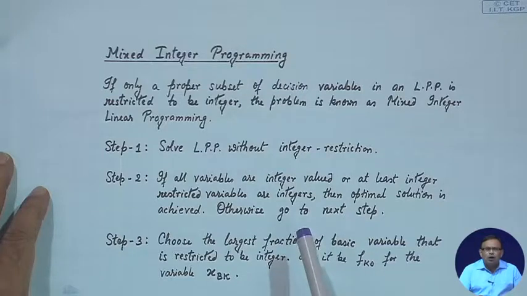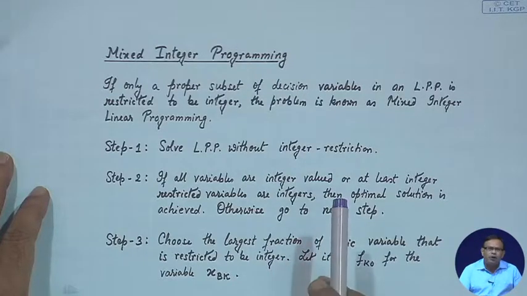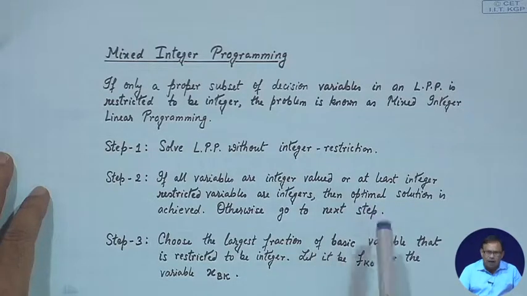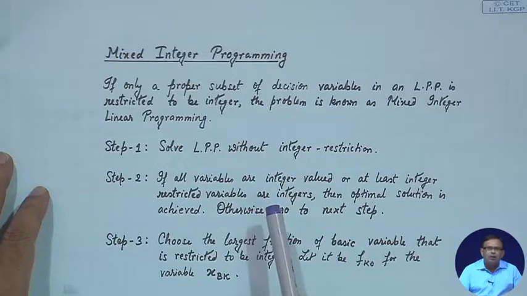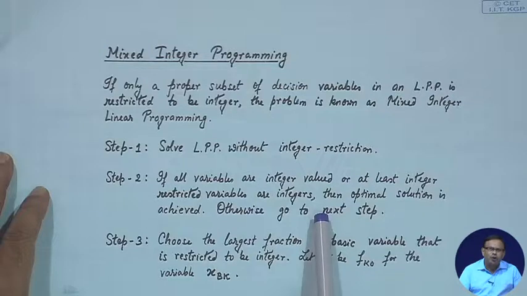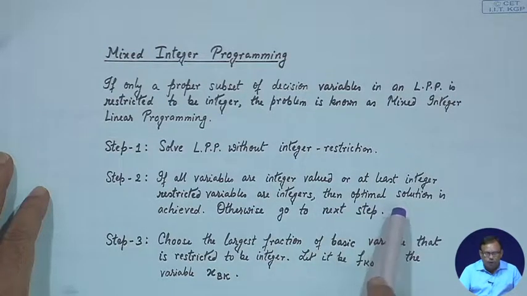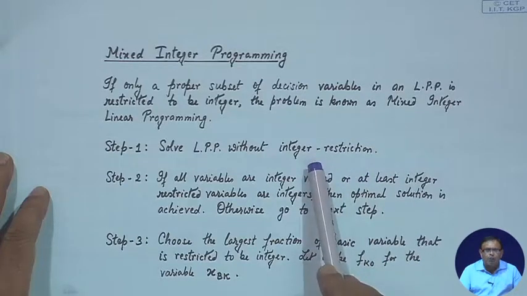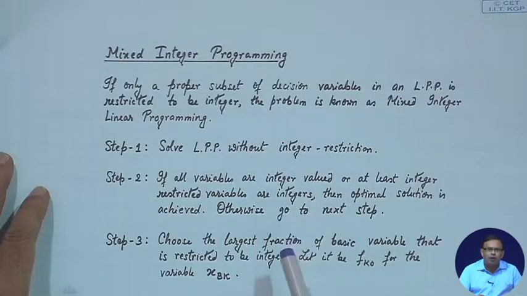We have said some variables will be integer, some may take real values. If at least the integer restricted variables, that is the variables whose values should be integer, become integer in the optimal solution, then the optimal solution you obtained in step 1 is the optimal solution of the original problem, and you terminate. Otherwise, you have to go to the next step.